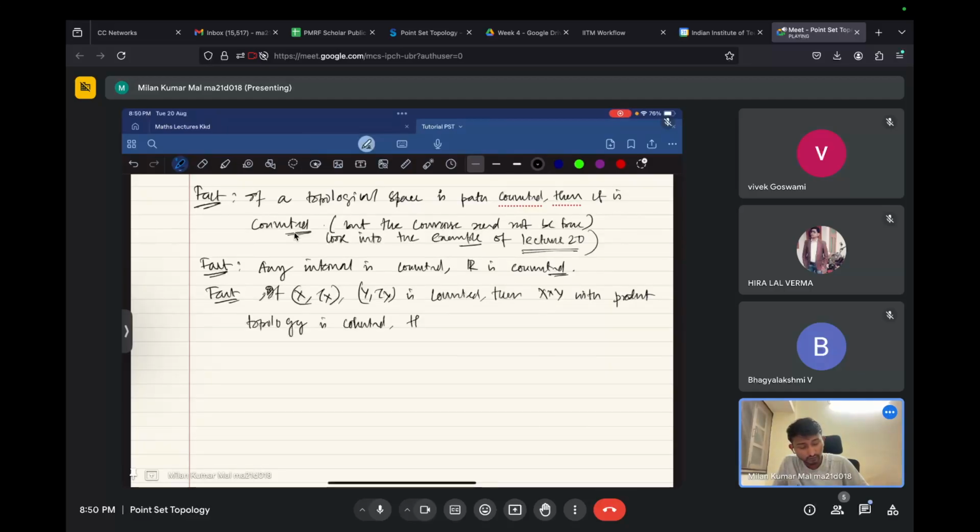Then R to the power n is connected. If X and Y are topological spaces, X cross Y with product topology is connected.